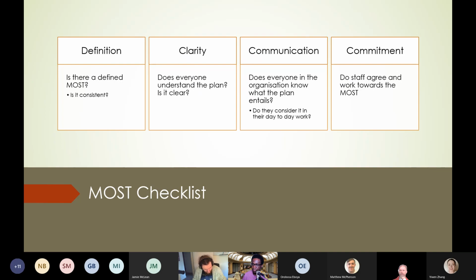So communication is key, as it is for so many things. Everyone has to understand what the organisation is trying to do and how they can help the organisation do that. And if everyone's agreed, and if everyone's going towards the same goal, and everyone knows about it, then hopefully they will commit to getting towards that goal.